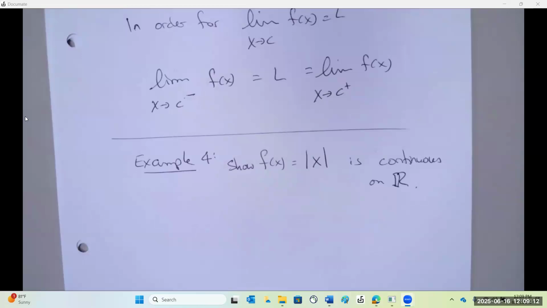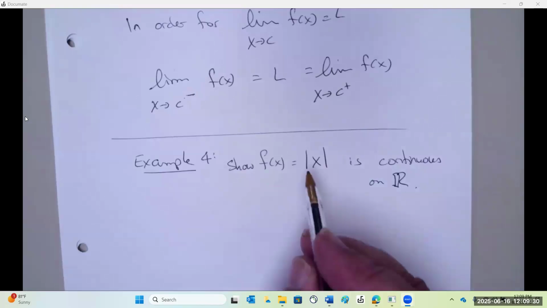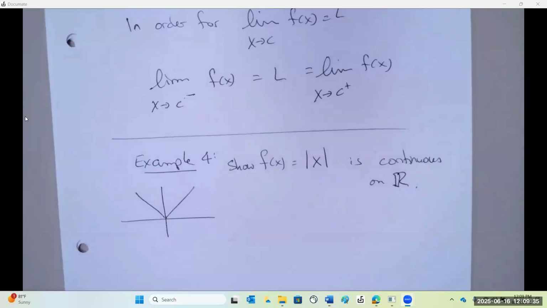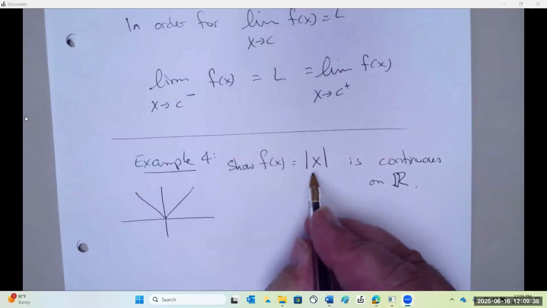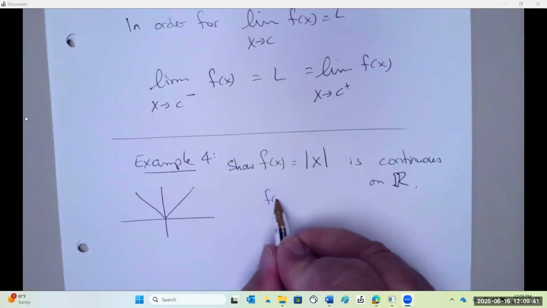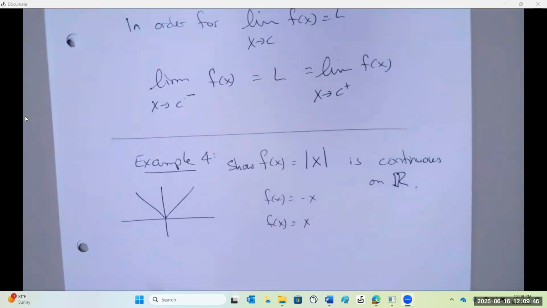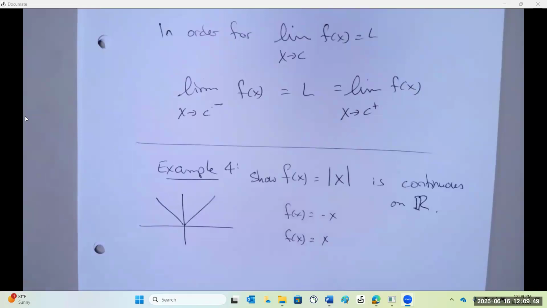I don't mind going over those with y'all one day. Who wants a review on that? Because there are 12 different ones that we use. Okay, I'll bring you some sheets tomorrow, and we'll go over that. So the absolute value is a V shape. Because remember, when you drop the absolute value, it becomes negative x and positive x. So you have a negative slope and a positive slope. At 0, you have nothing.